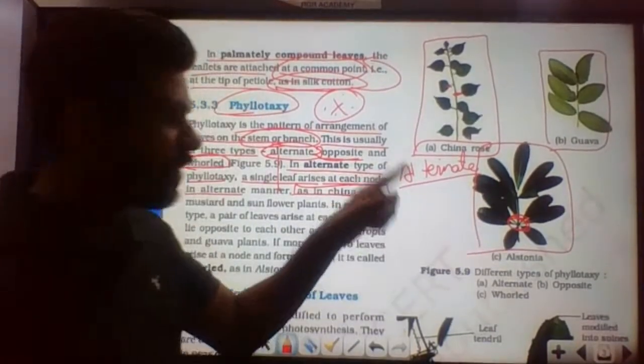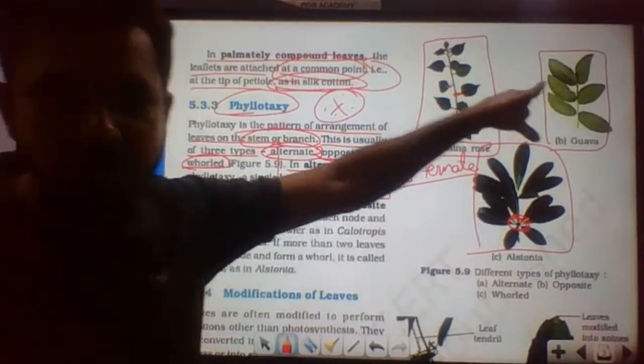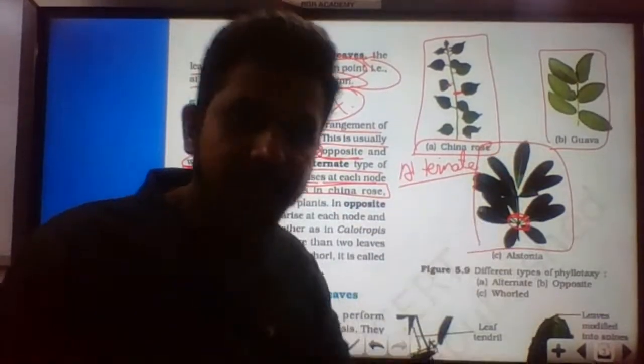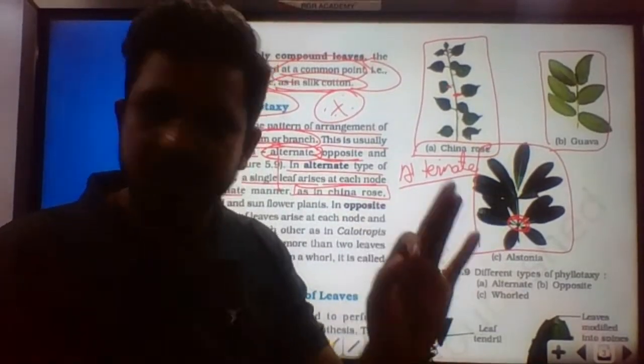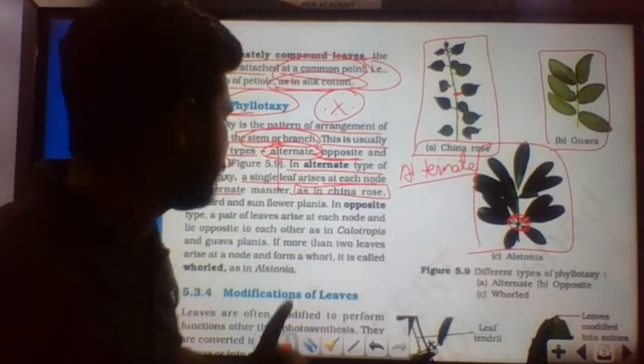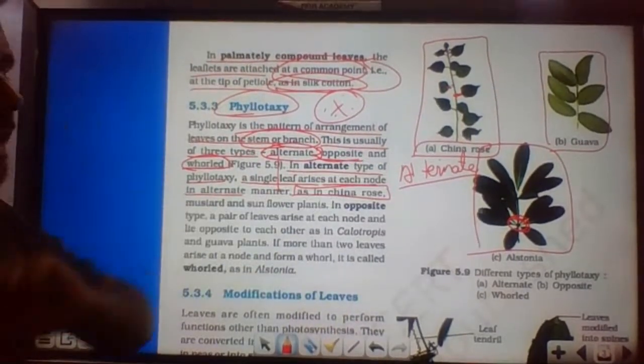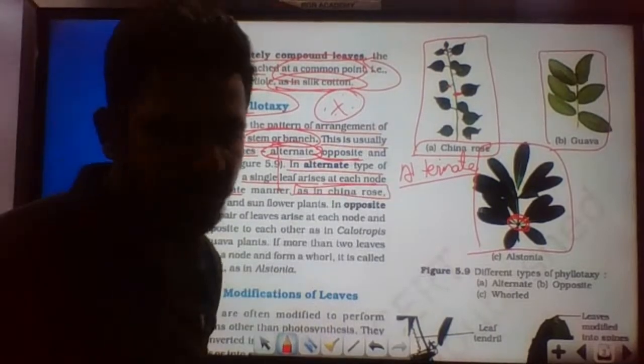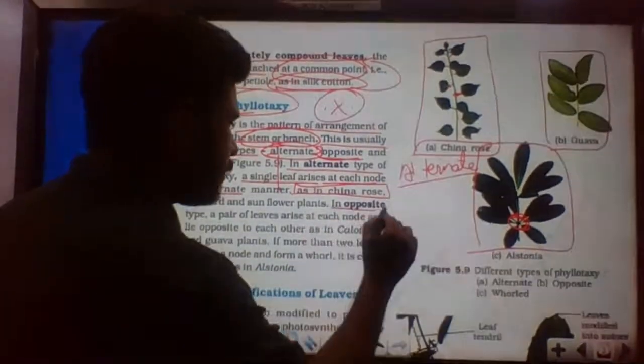First of all, which one is alternate type and which one is opposite type, and what are the examples clearly mentioned in NCERT. NCERT examples are very, very important. The first one is alternate type as seen in China rose, and the second one is opposite type.